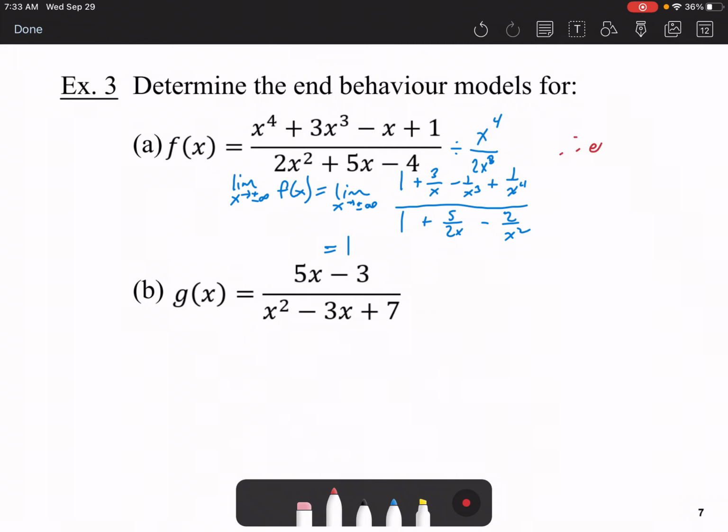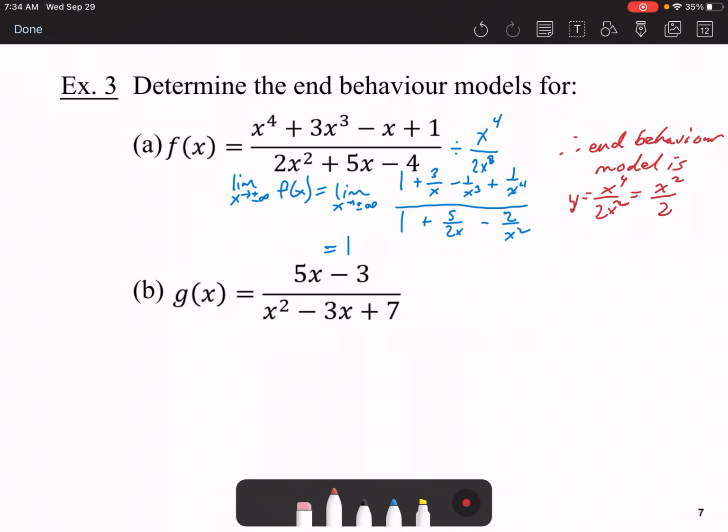Therefore, our end behavior model is x to the 4 over 2x squared, which is x squared over 2. So if you actually graph this, you're going to see that the end behavior of this function looks like it is following the function y equals x squared over 2.